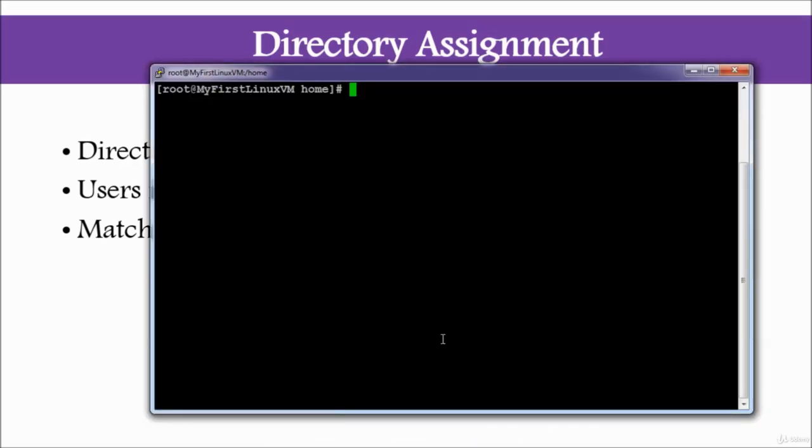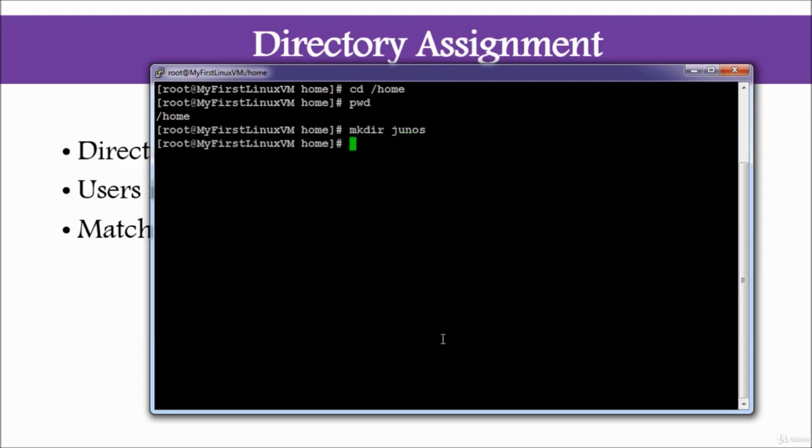Now this time I want you to be root. And first of all, go into the /home directory and create a user directory called Junos. Junos is a directory name that I picked because I do not have Junos in my /etc/passwd.